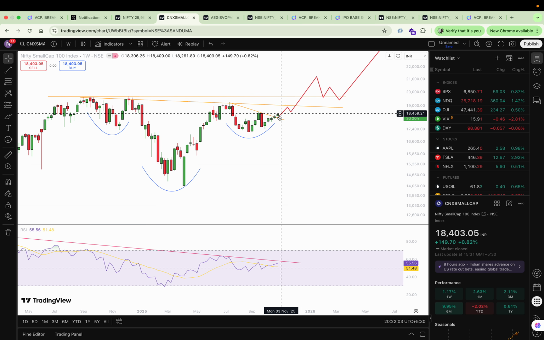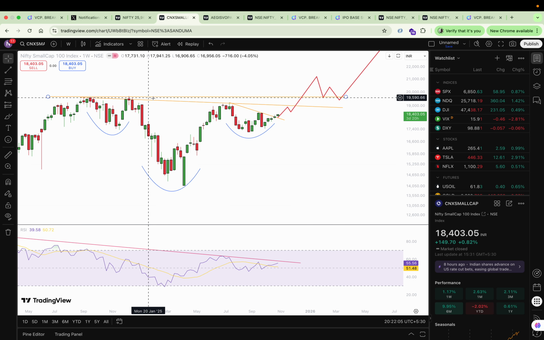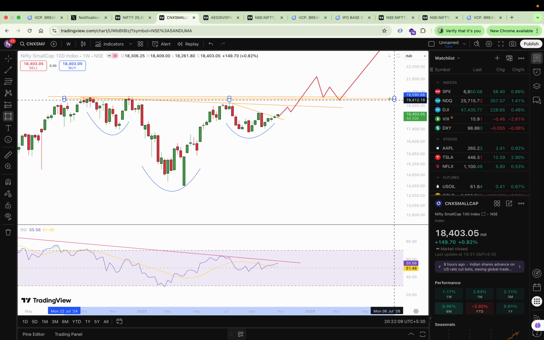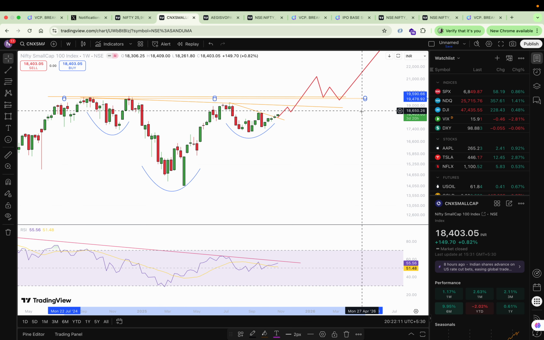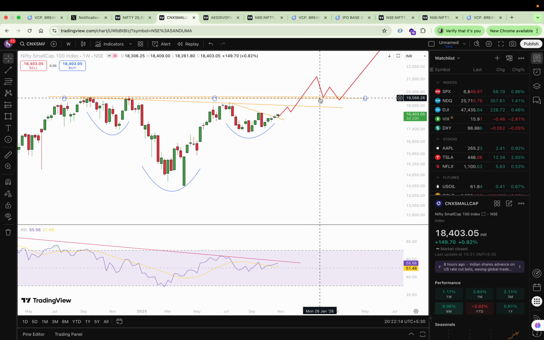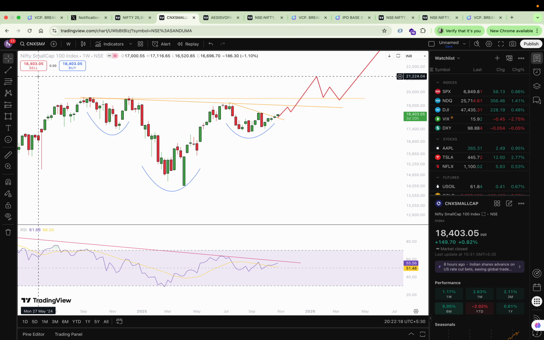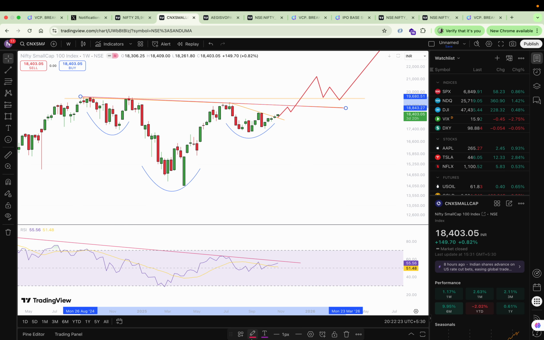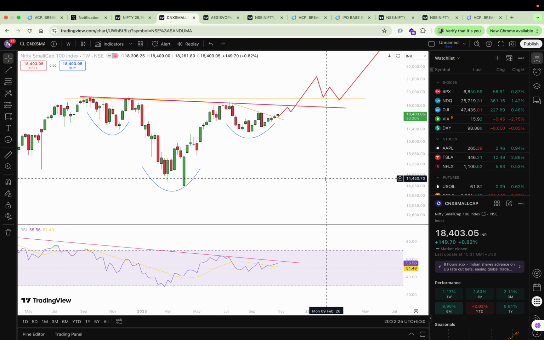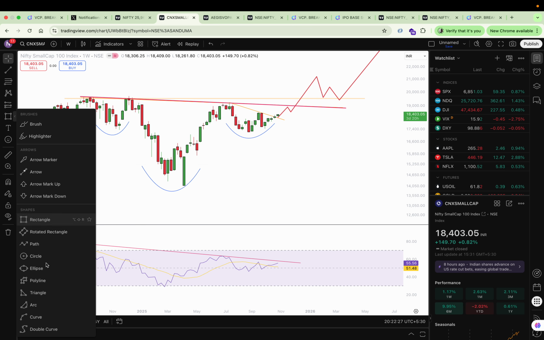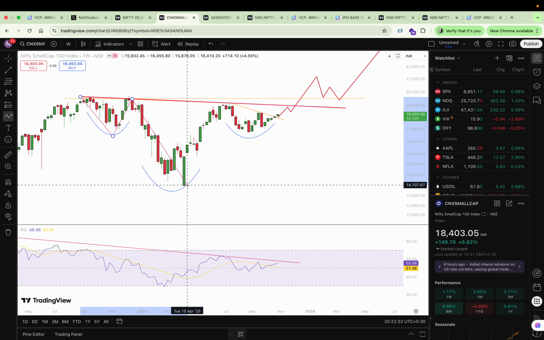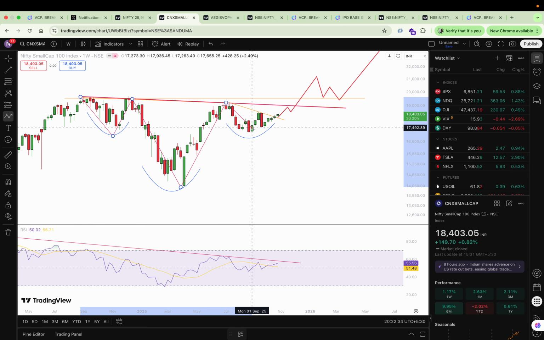And once this big breakout is done, this orange one, this is the inverted head and shoulder pattern.